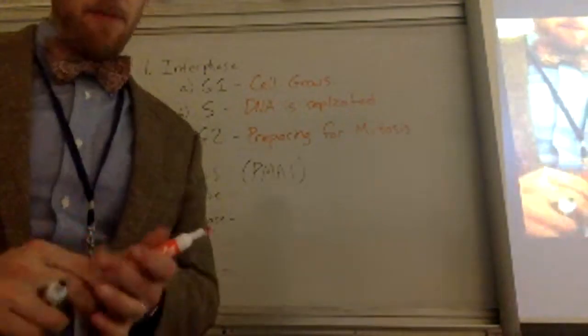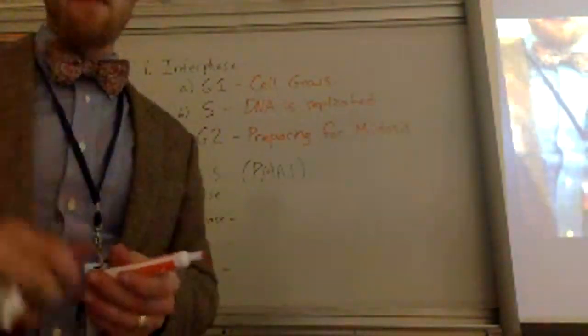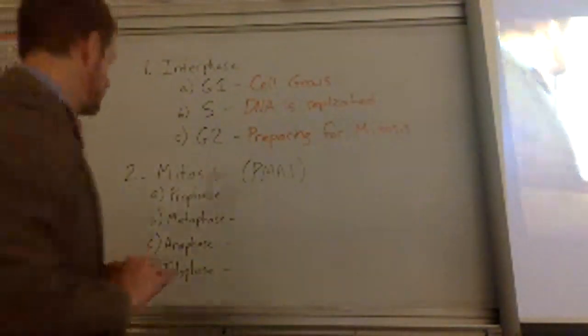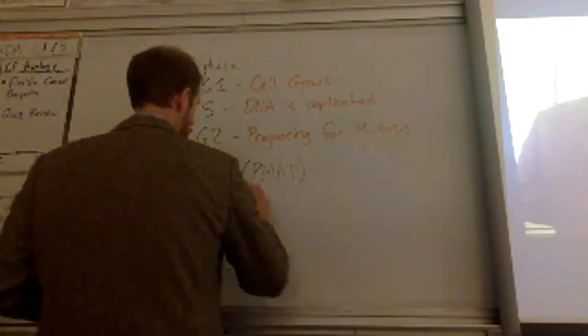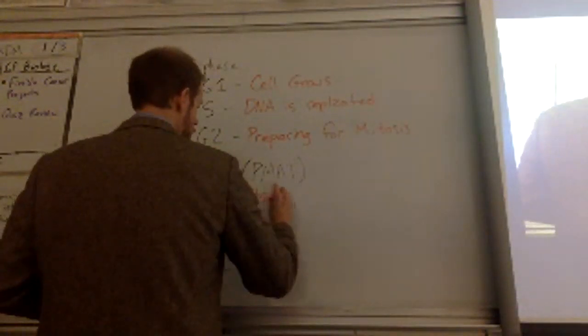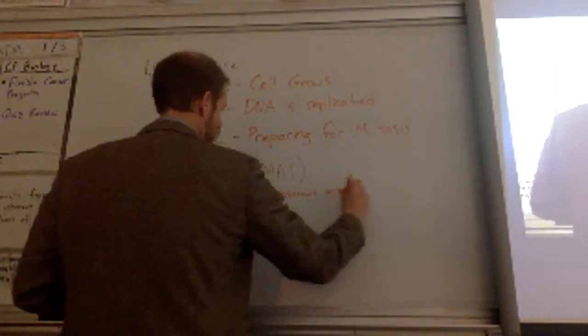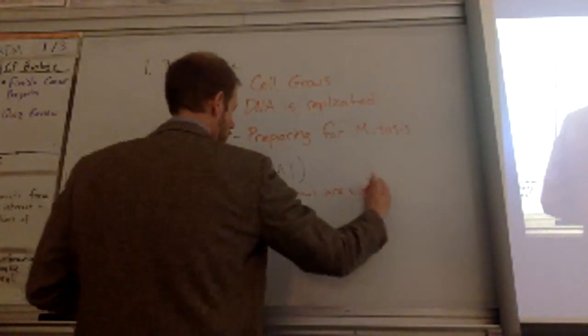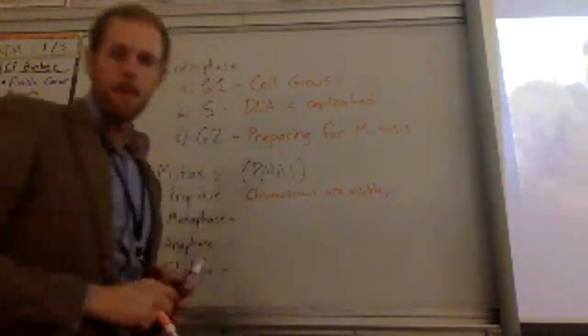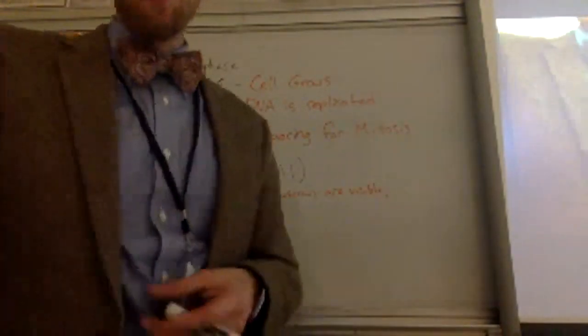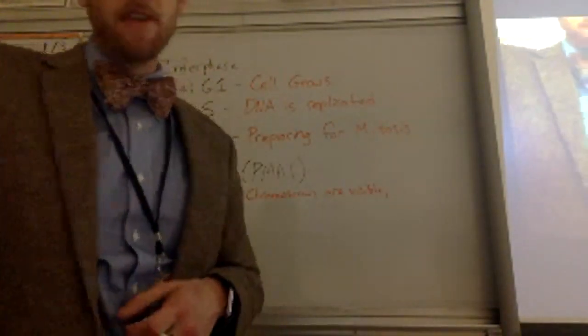Yes, good job, Mia. Prophase is the first time you get to see chromosomes visible. What are some other things? Because let's be honest, chromosomes are visible in all 4 of those phases.